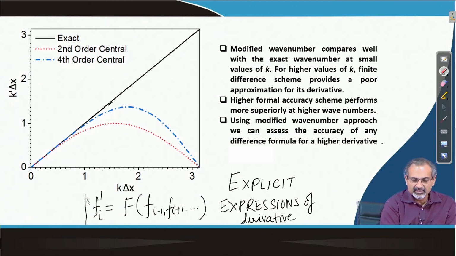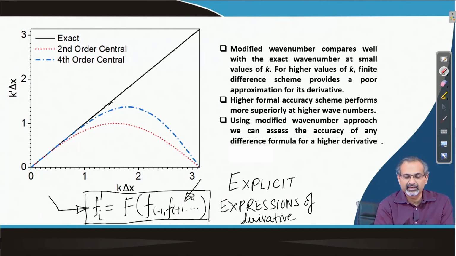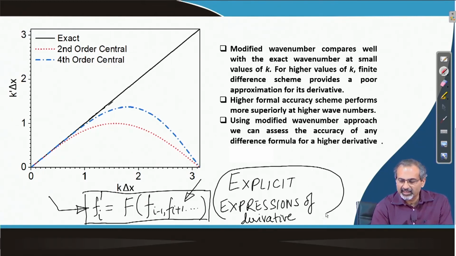That means, the approximate expression for the f dash can give you the value at that grid point the moment you substitute for the functional values on the right hand side of the equation. So, that kind of a calculation is called an explicit calculation.